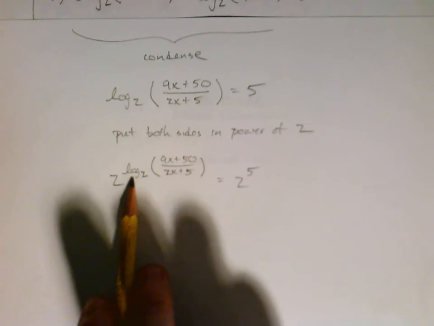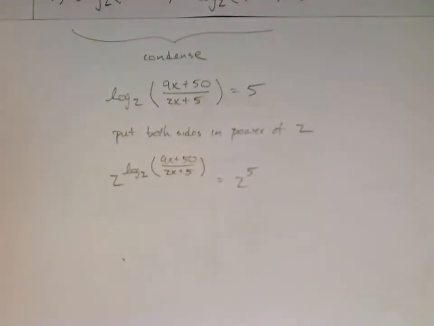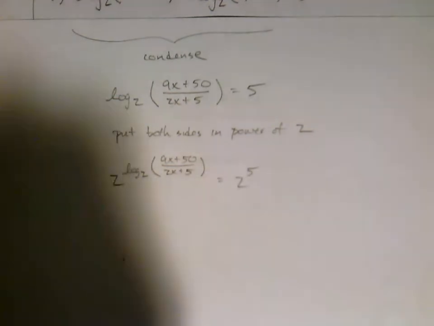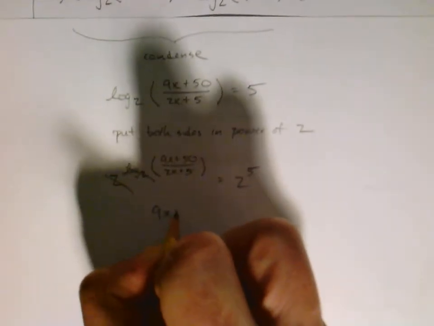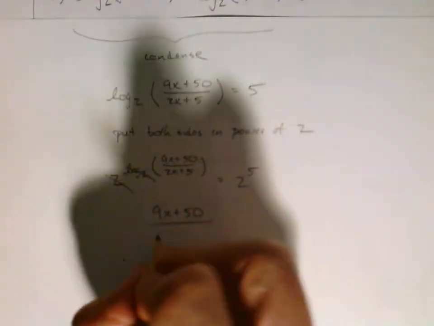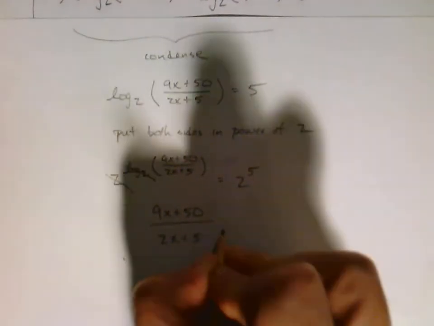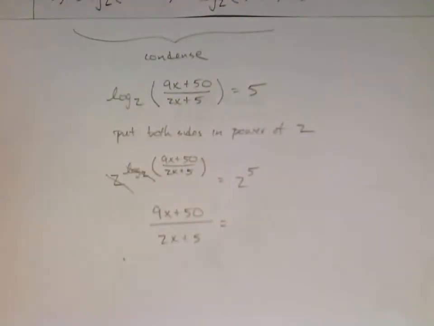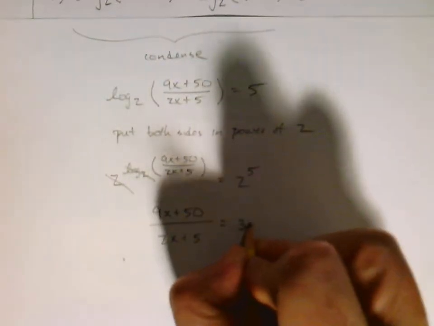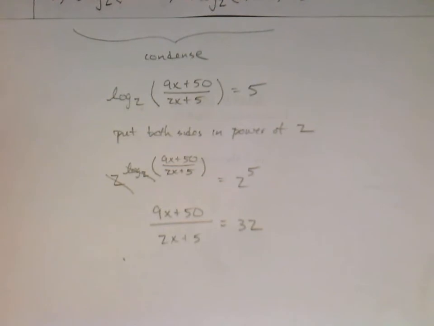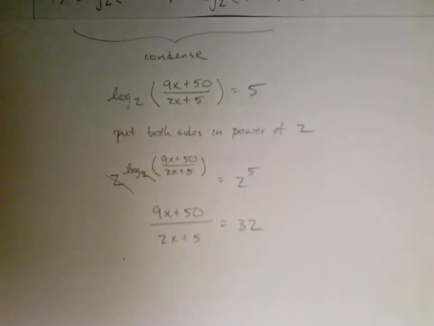That whole thing up in the exponent of 2, and then 2 to the 5th. Okay, why do we do that? Because log base 2 and exponential base 2 cancel out. And I've got 9x plus 50 over 2x plus 5. That's equal to 2 to the 5th, which I'm pretty sure is 32. Let me check that. Yeah.